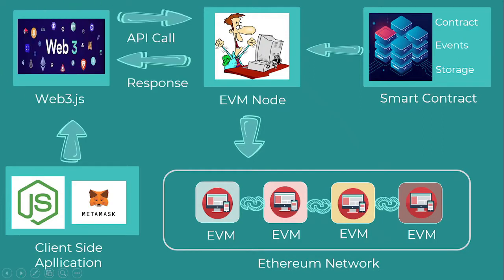Web3.js acts as an interface between the website space and the blockchain world. Interacting with the blockchain world means you are communicating with an Ethereum node. Here at the front end we have the client-side application, and the web browser accepts crypto with a plugin like MetaMask.